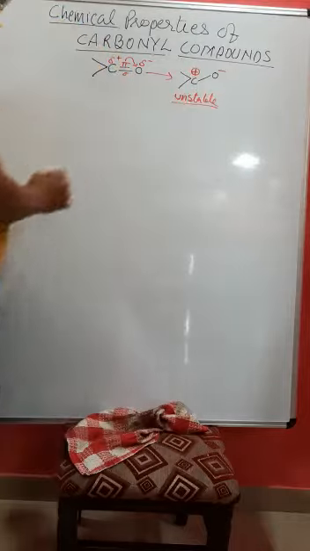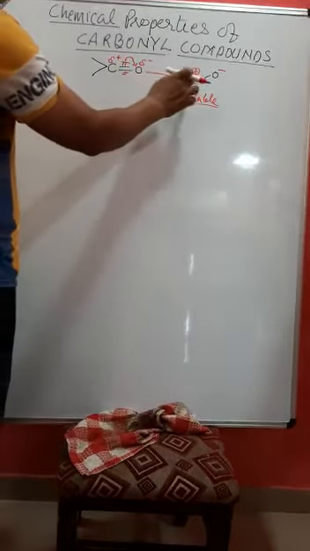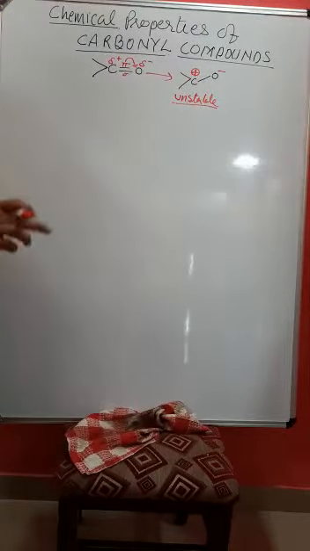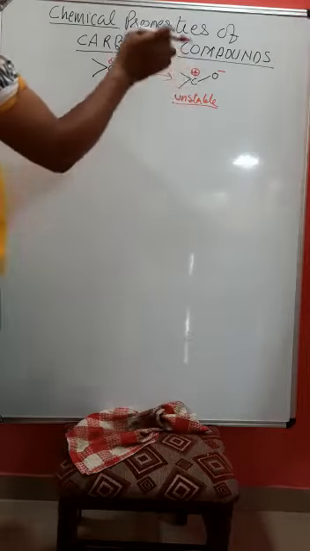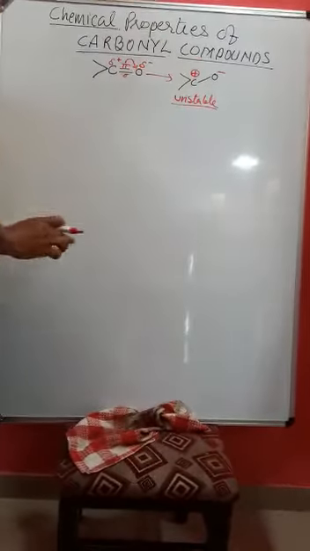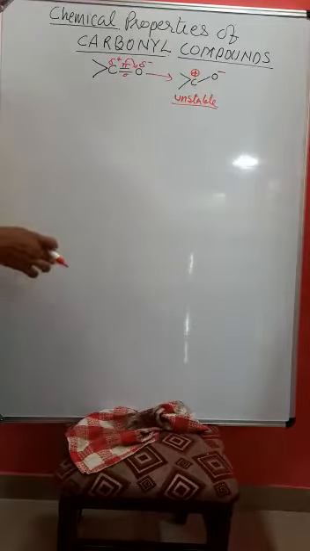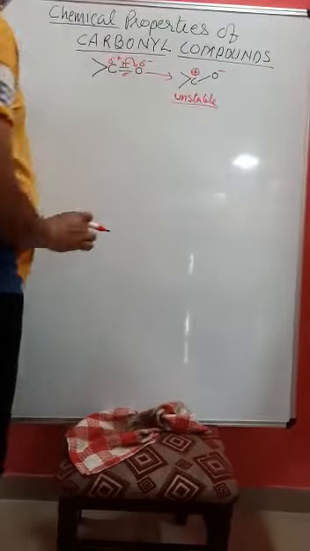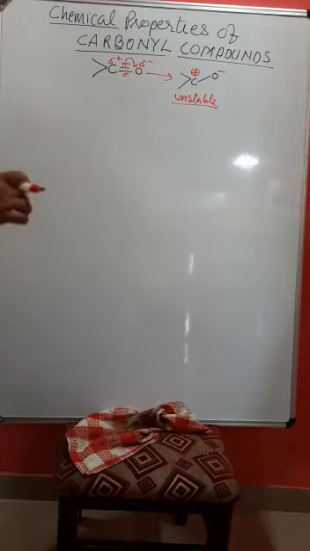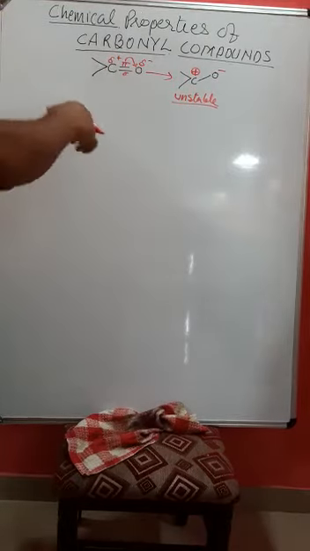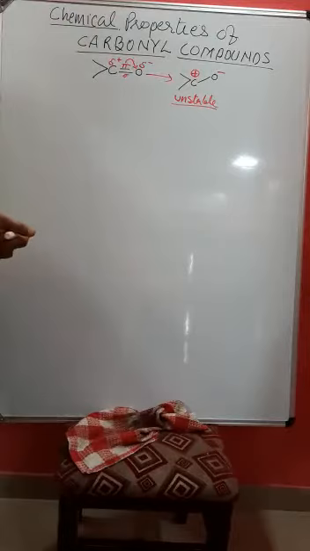In this highly unstable species, the central carbon, having only 3 valencies as well as the positive charge, becomes a highly reactive site. In the oxygen atom, the development of negative charge makes it more unstable.